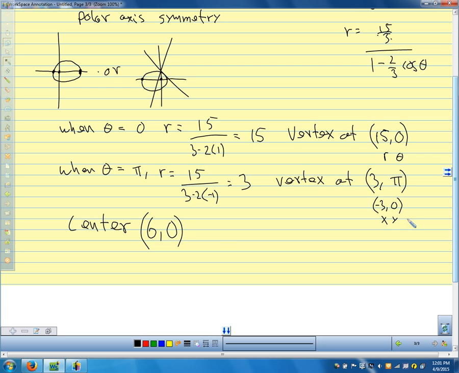So I'm thinking of it as negative 3 to get my center. A common mistake is for people to say it's halfway between 15 and 3, half of 18, right?